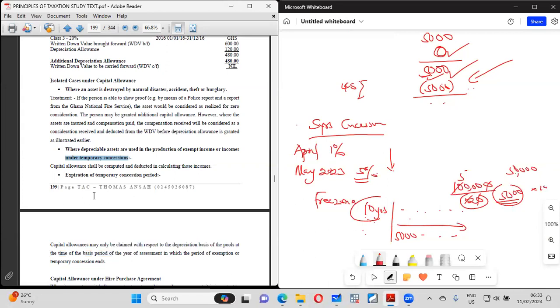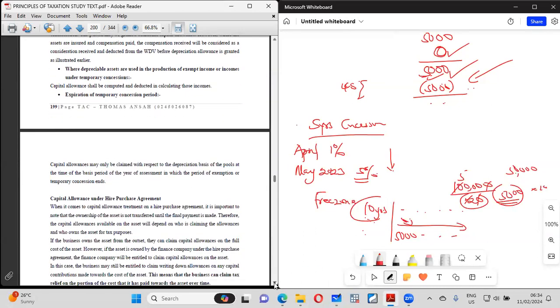Then upon expiration, capital allowance may only be claimed with respect to the depreciable basis. So by the time you finish, you have a depreciable basis on your 11th year. So you continue, but this is on a straight line basis because it's in class 5. All right, so that is that.